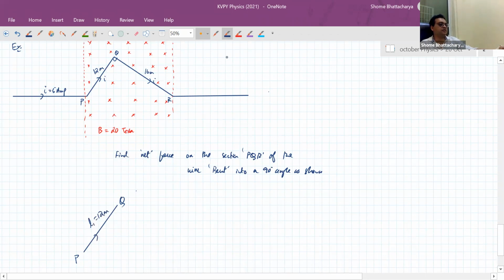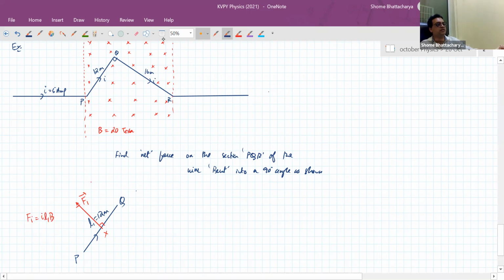It's carrying current like this inside a magnetic field which is going into the plane. So it will experience force in which direction? It will experience a force in this direction, I L cross B. B is into the plane, so it will experience a force perpendicular to itself like this, F1, where this angle is 90, and F1's magnitude will be equal to I L1 B, where B is this.